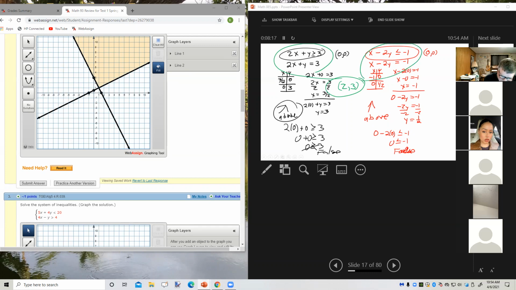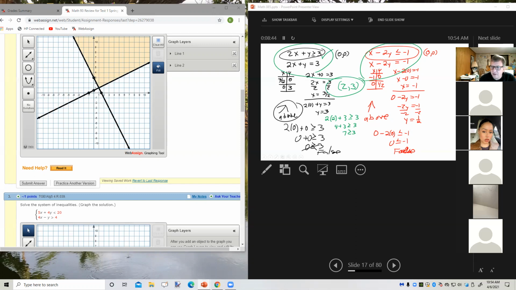So let's go with the first one, 2x plus y greater than or equal to 3, where x is 2 and y is 3. So we've got 2x plus y greater than or equal to 3, 4 plus 3 greater than or equal to 3, 7 greater than or equal to 3. So 2, 3 checks in the black inequality.